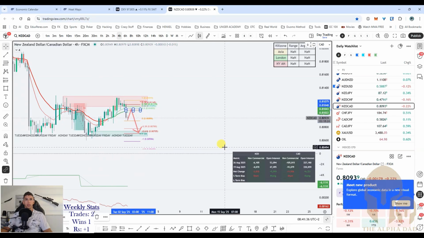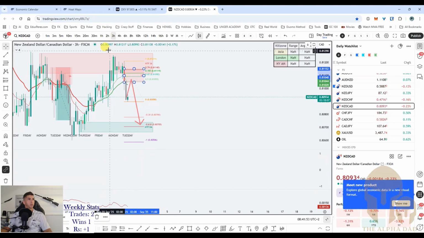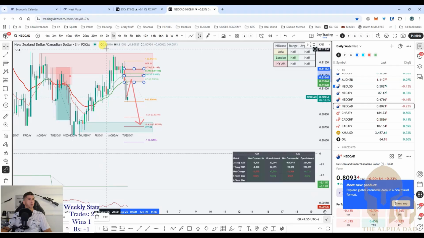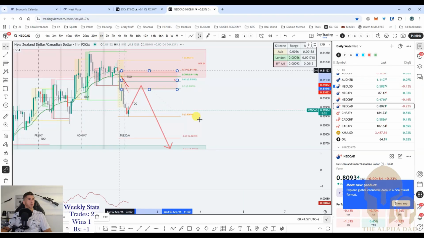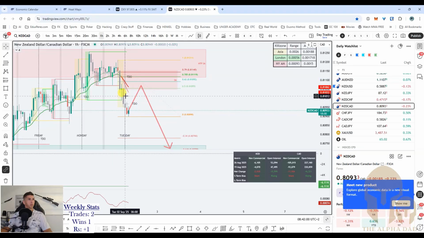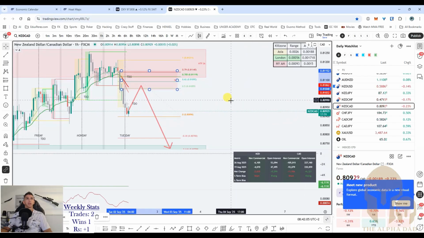This is ten pips. This is 0.3. I'm not following what this is.